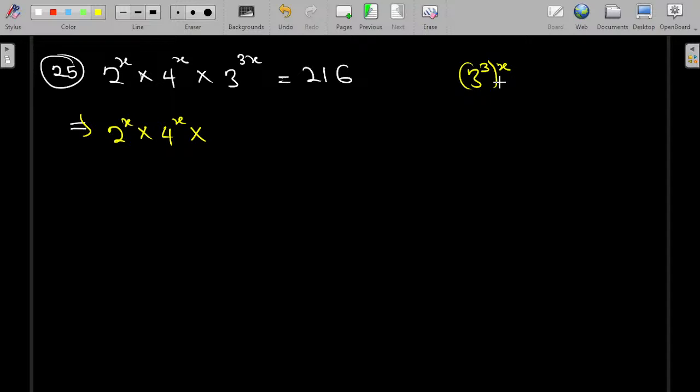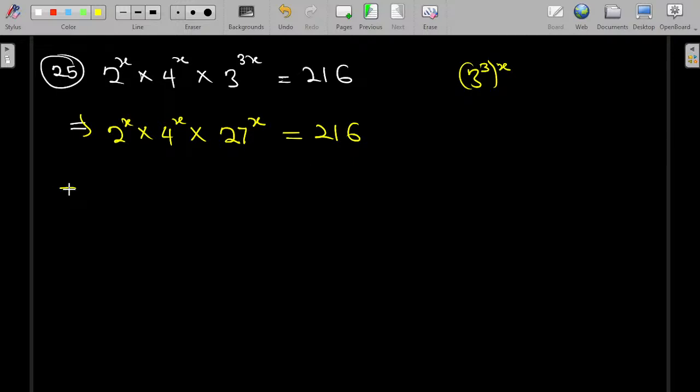Because by the rule, if I remove these brackets, 3 will still multiply this x to give me 3x. But why did I do this? So that I can write 3 to the power 3 as 27, and then I will only have power x. So that has given me something I am looking for.